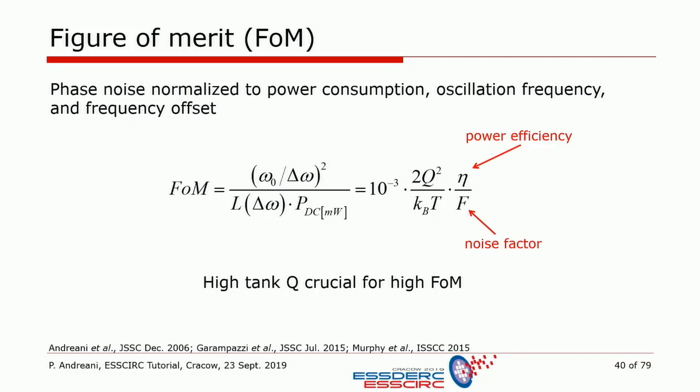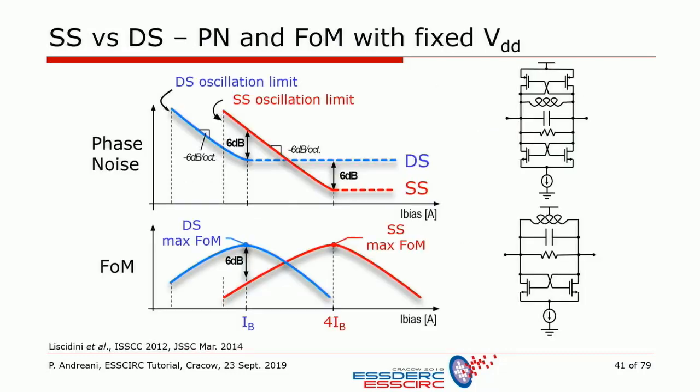It's not nearly as important if you come from the industry. In academia, it's very fundamental. For instance, in this case, we pick again the comparison between the single switch pair and double switch pair, and we can actually see that they are capable of exactly the same maximum figure of merit, but they are reached for vastly different power consumption regimes.